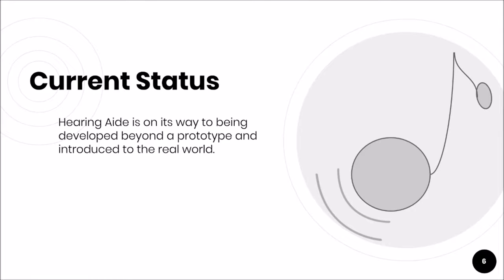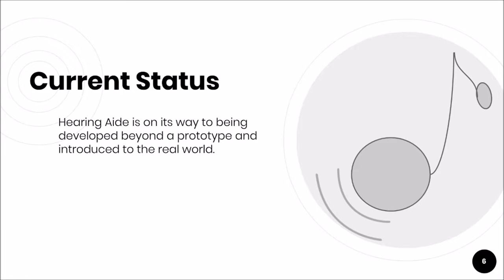So, for our current status, the most important feature is artificial intelligence, or in other words, AI. Artificial intelligence would read the behaviors of the individual and see how they adjust their hearing aid's amplitude.